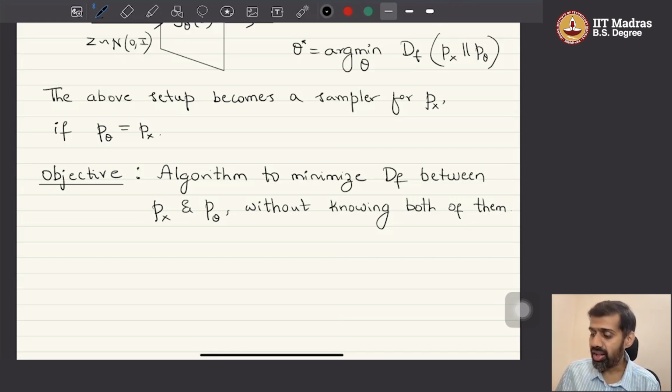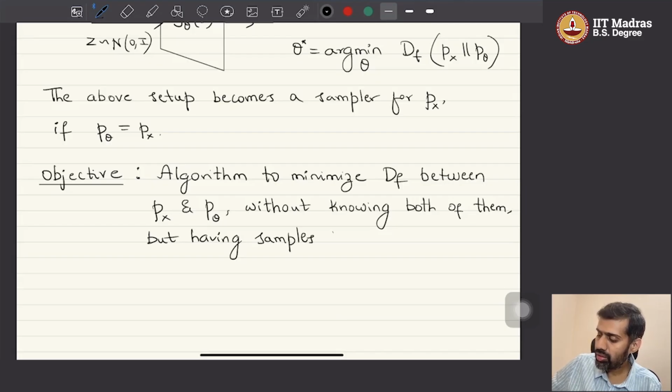But what do we have? We have samples from them, without knowing the distributions themselves. So now we have samples that are drawn from both the distributions.